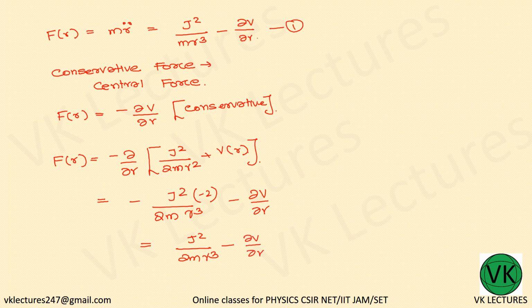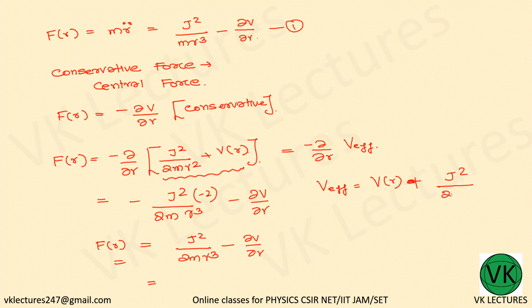So this is F of r. Now this is termed as effective potential. Whatever is in the bracket is the effective potential, V effective. So this can be written as minus dou by dou r of V effective. Now what is this effective potential? V effective is equal to the original V, that is the initial potential, plus J squared divided by 2 m r squared.